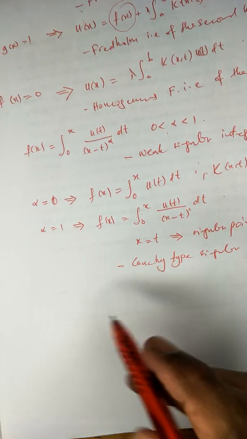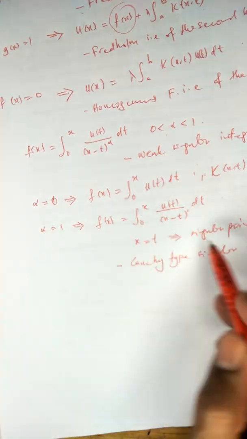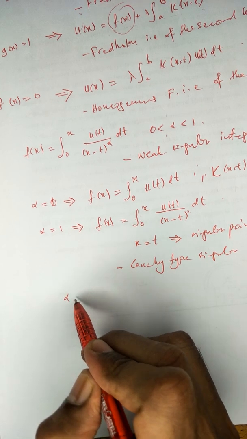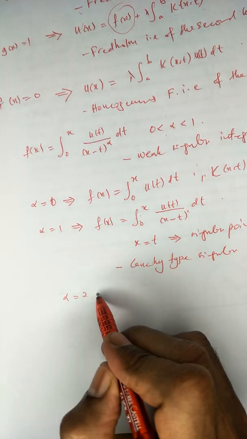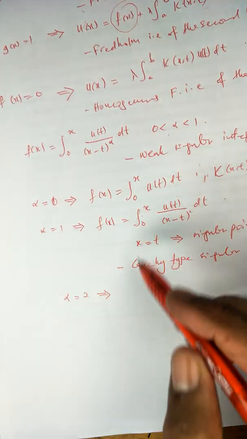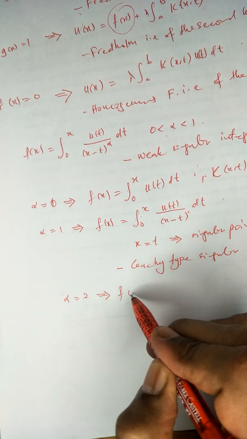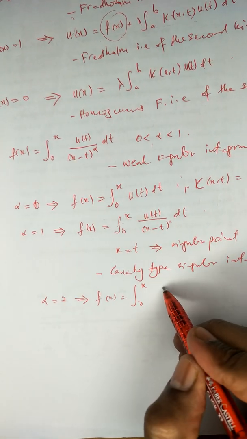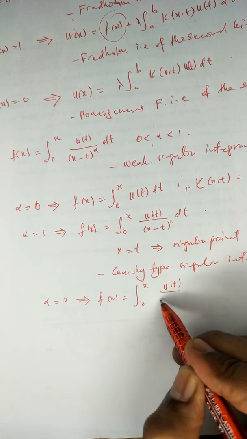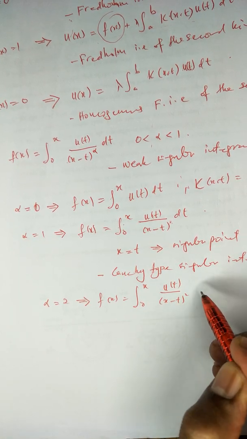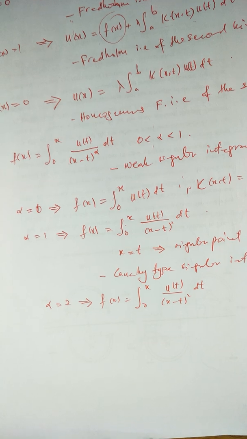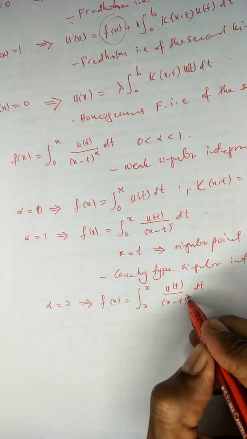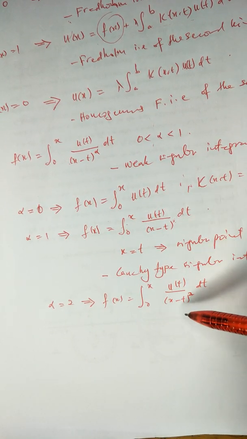When alpha equals 2, our equation becomes f(x) equal to the integral from 0 to x of u(t) over (x minus t) squared dt. So what's the difference between this and that?